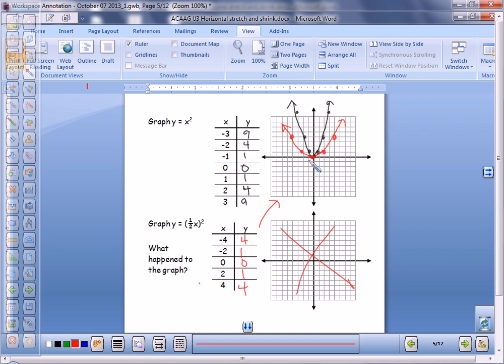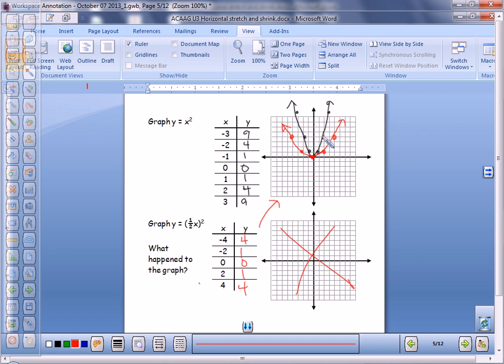Does it look like I took my parent graph and stretched it horizontally? Yeah. Do you also notice the x values here? If I doubled this x value, does it give me this point? Yeah. If I double this x value, does it give me that point?